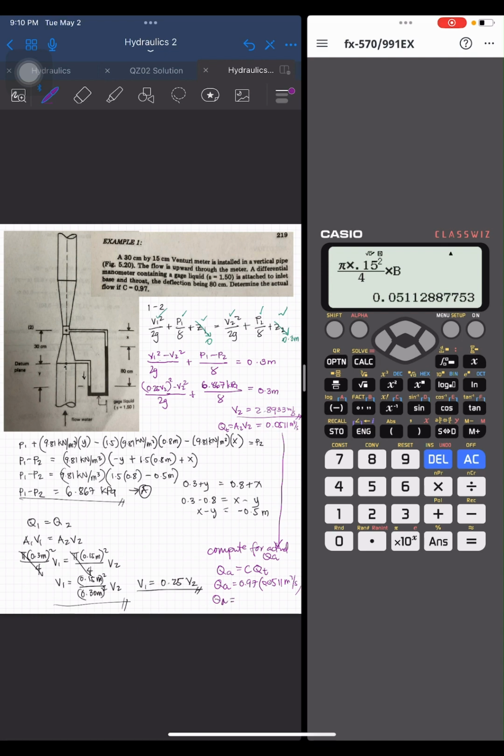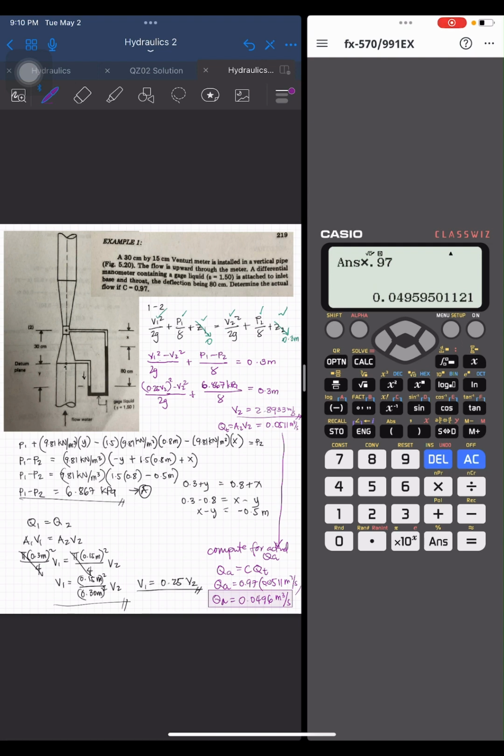QA is equal to 0.0496 cubic meter per second. That would be the final answer.